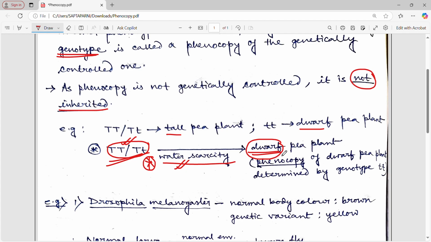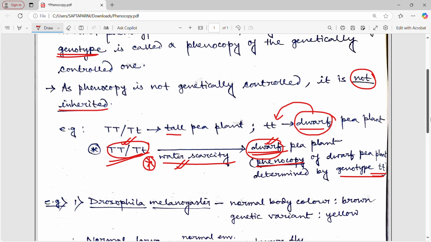So this dwarf plant is a phenocopy of the dwarf plant which is determined by genotype small t small t. That one is the original plant with the genetic predisposition. Got it? So this is all about phenocopy.